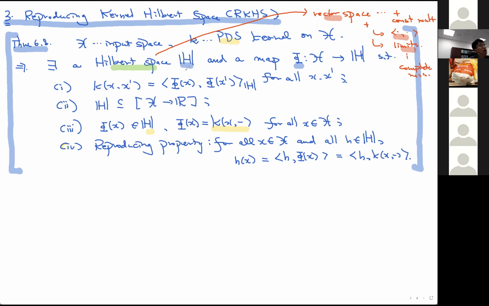It can be constructed without using any extra information other than the information available in K. This H and phi claimed to exist by theorem 6.8 has a name: the reproducing kernel Hilbert space of K, or RKHS. So now the question becomes how to construct such an H.